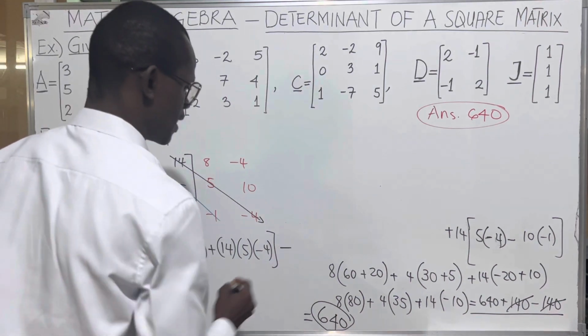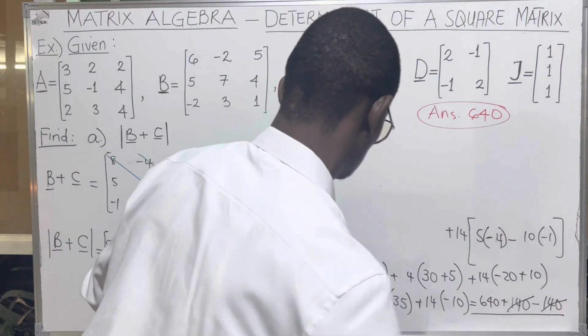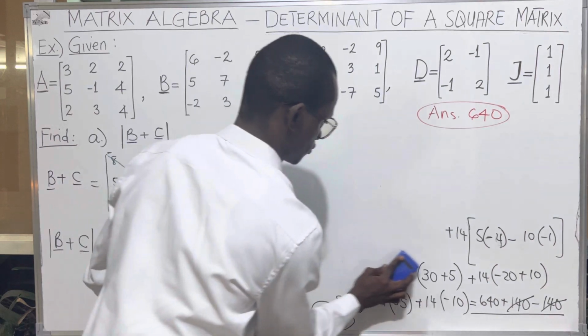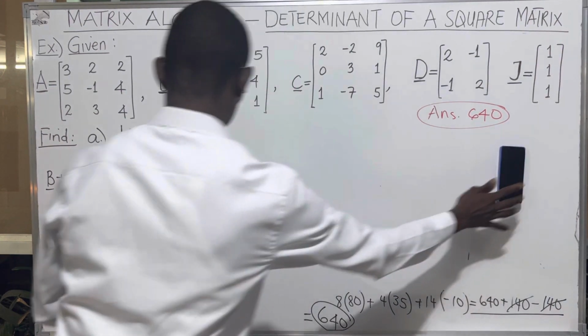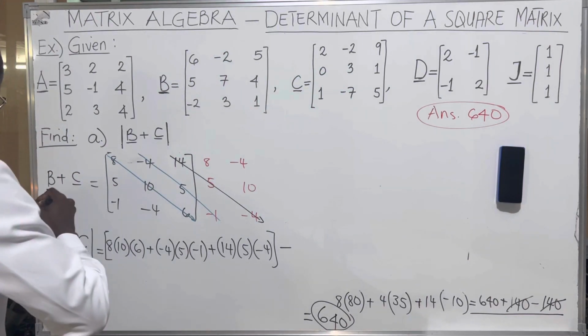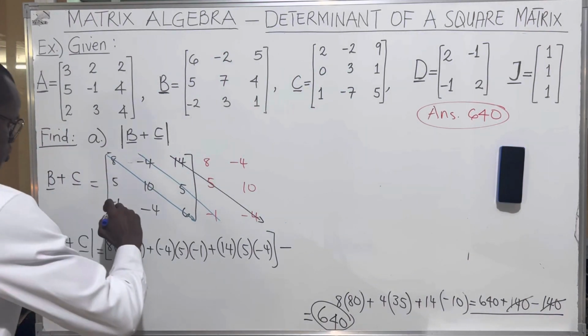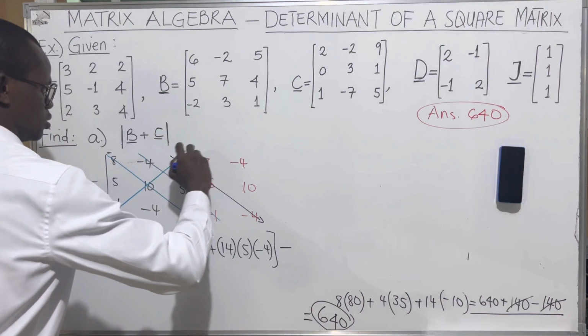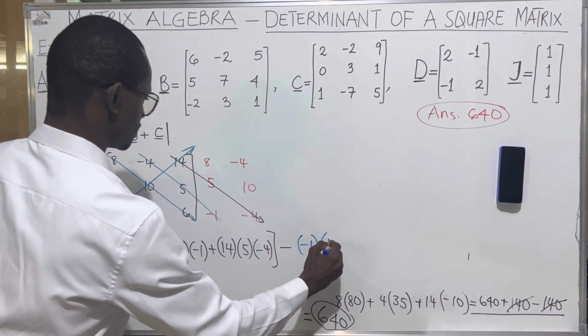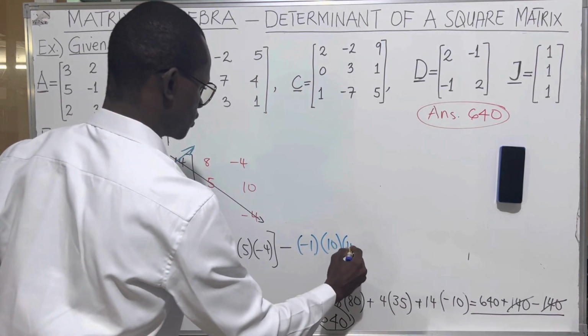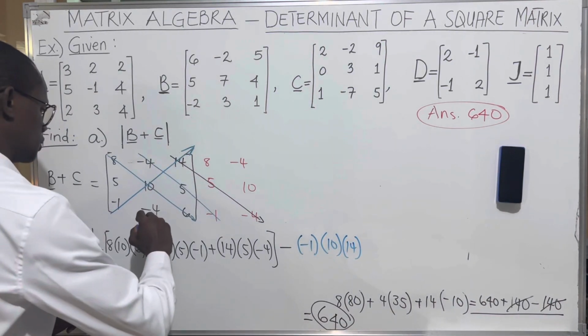Then we want to say minus the upper portion. So we take this upper portion. So it's minus 1 times 10 times 14. Take the next portion.